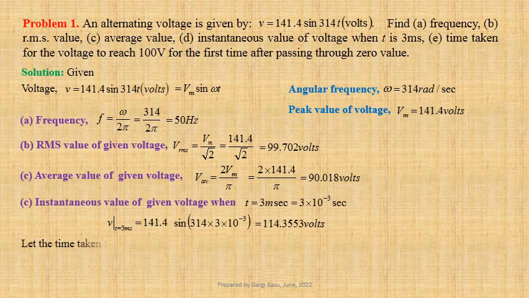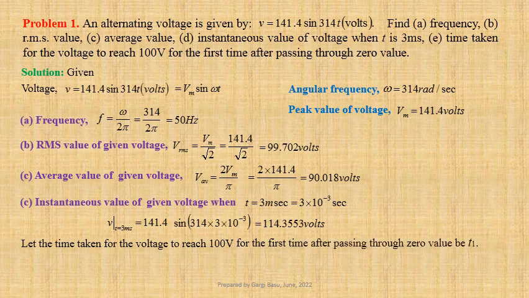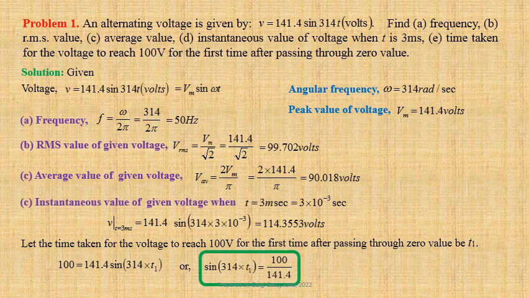Let the time taken for the voltage to reach 100 volt for the first time after passing through zero value be T1. Therefore, 100 equals 141.4 sine of 314 into T1, or sine of 314 into T1 equals 100 divided by 141.4. From this equation we get T1 equals 0.0025 second.